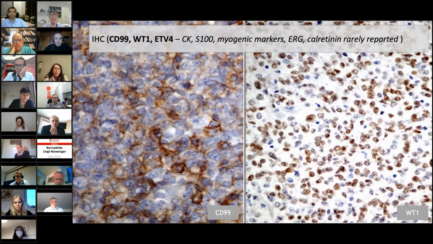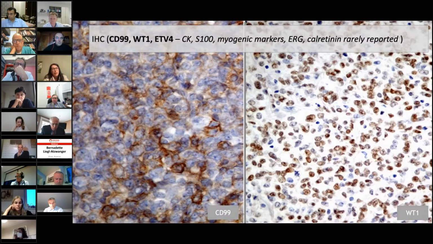In contrast to the Ewing sarcomas, where we have this really diffuse CD99 expression in most of the tumor cells, the CIC-rearranged sarcoma shows more spotty and patchy CD99 expression in combination with WT1 and ETV4, but also a lot of other markers like cytokeratin, ERG, and calretinin can be expressed in these tumors.